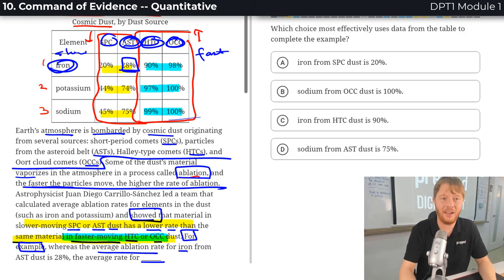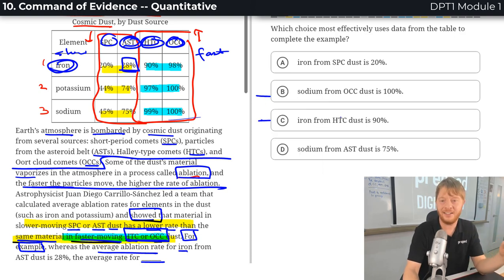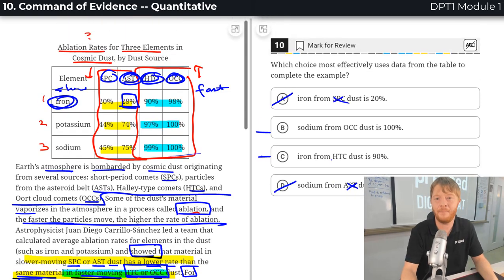So we need to compare something that is the same material in the faster moving HTC or OCC dust. So if we need to find OCC or HTC, that means we cannot be finding the other 2 types of dust. So I'm going to kill A and D.